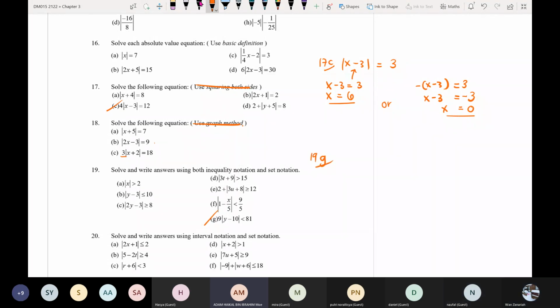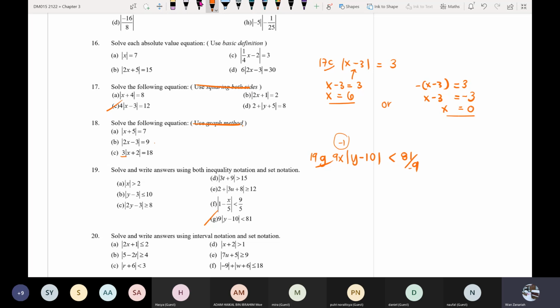19G pun boleh juga bawa y minus 10 is less than 81 over 9 without changing the inequalities. Sebab confirm 9 yang you bawa ni adalah positif. Kalau dia letak 9x, boleh ke you bawa macam tu? Tak boleh because we do not know the x. Kalaulah x tu negative 1 contoh, you dah jadi negative 9.